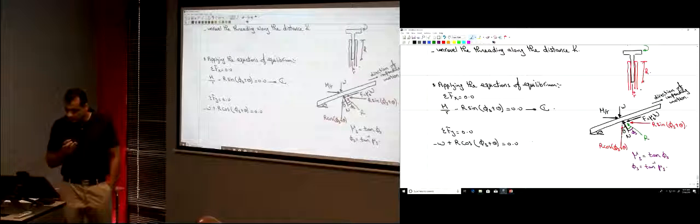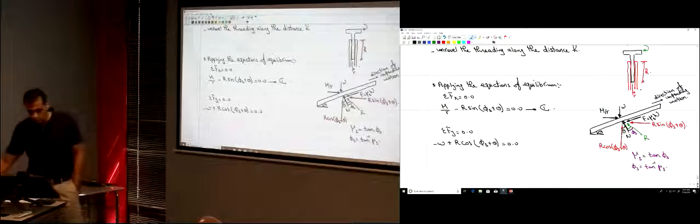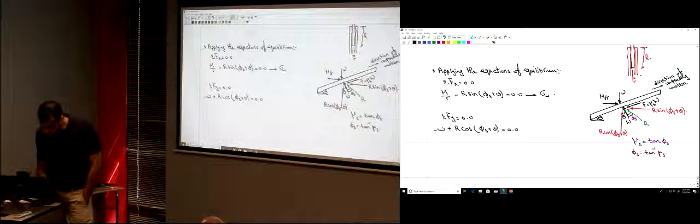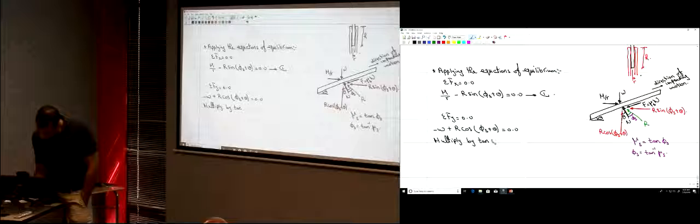Now I'm going to multiply this equation by tan phi s plus theta.